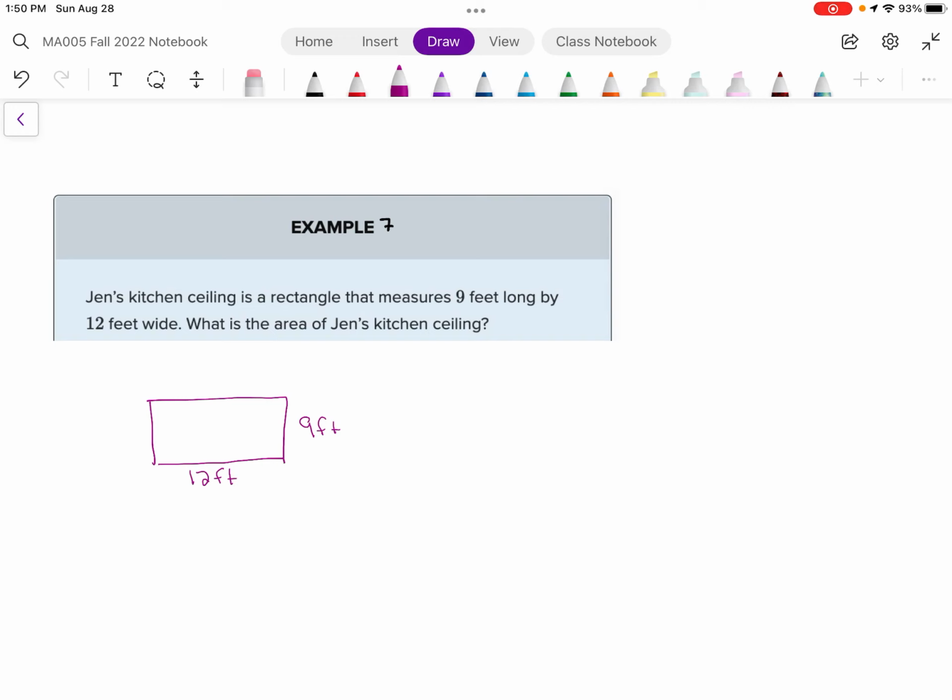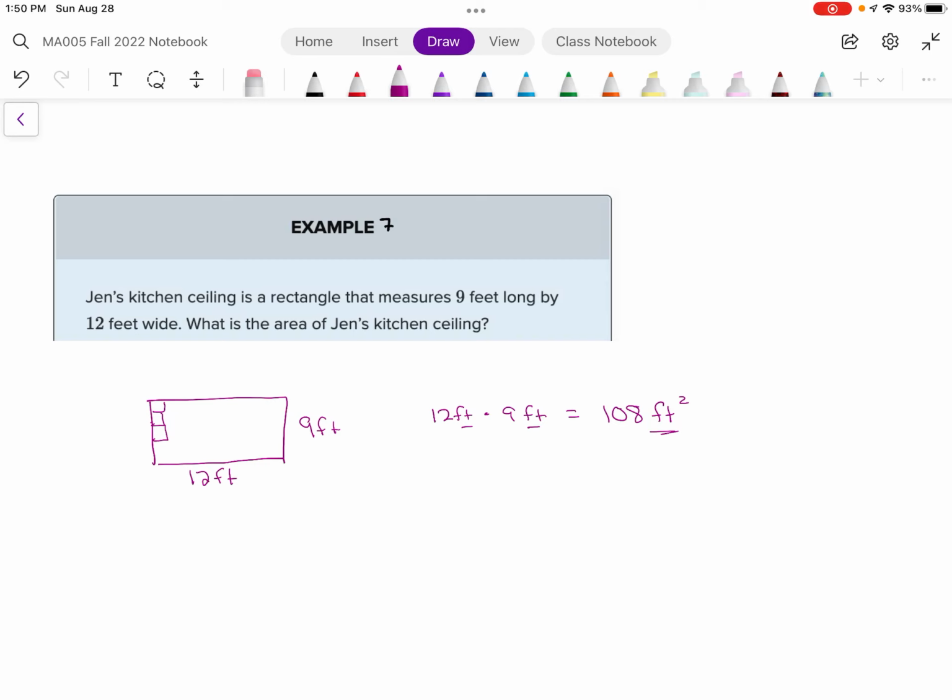And so you're figuring out how many of those little square feet are in there. So you would just take 12 feet times 9 feet. And of course you can say 9 feet times 12 feet. It doesn't matter which way you do it. And you will get 108 square feet. So feet times feet becomes feet squared.